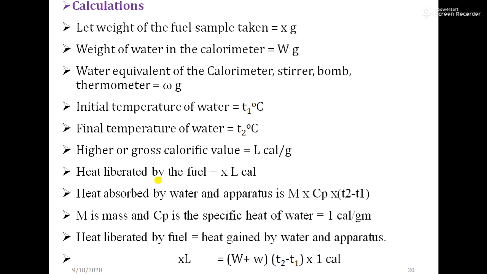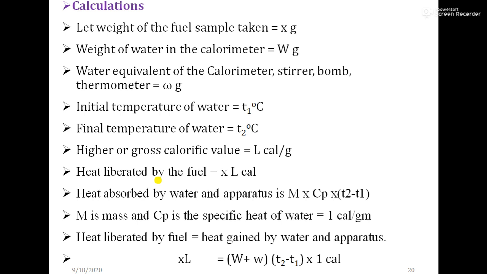The heat liberated by the combustion of fuel is absorbed by calorimeter. Some part of the heat is absorbed by calorimeter, stirrer, bomb and thermometer, which is taken in the form of omega, that is water equivalent.